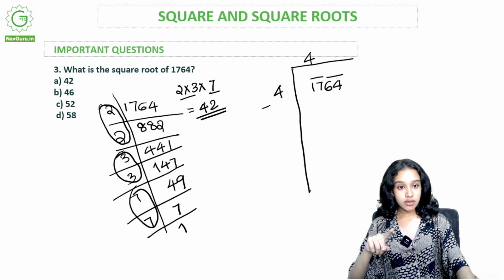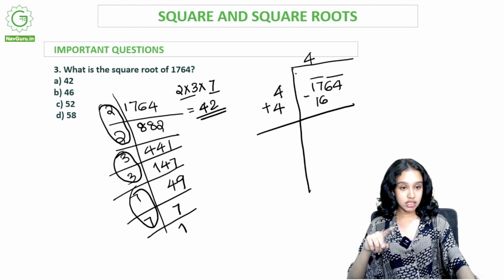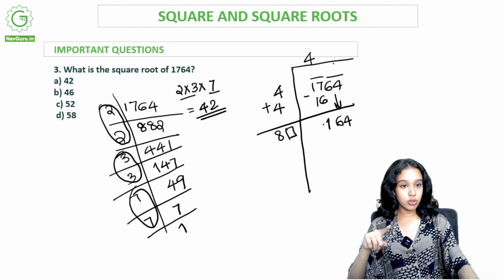Now here we'll add 4. 4 fours are 16. So here we'll subtract 16. So 4 plus 4 is 8 and we have a blank space here. Here we have 1 and we bring it down, so it's 164 here. Now we have a blank space here and a blank space here.